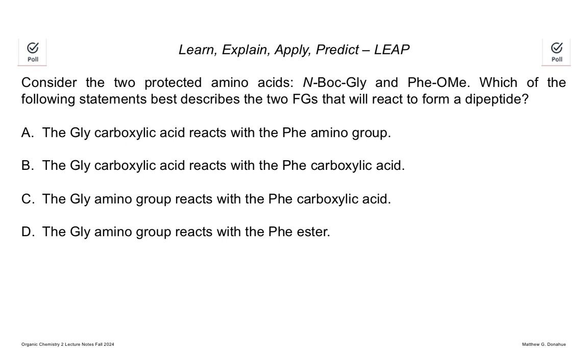So if we consider two protected amino acids, N-BOC glycine and phenylalanine OME, that means this is a methyl ester.